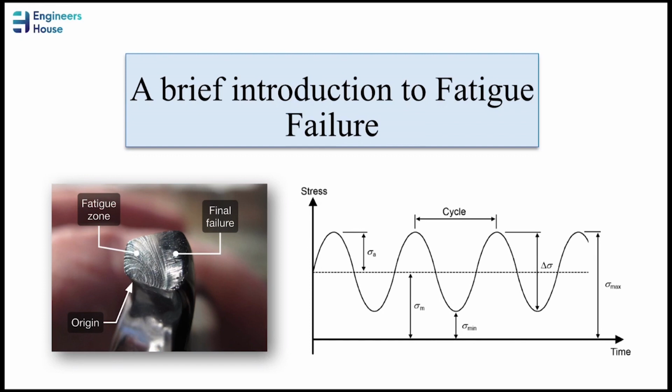But what do I exactly mean by completely reversed? Imagine a rotating shaft that is subjected to a constant bending load, and it rotates with a specific velocity. As the shaft rotates, the magnitude of stress varies between tension and compression.